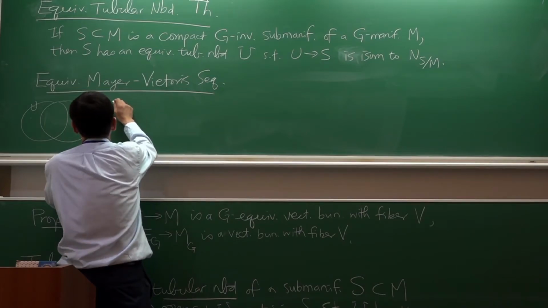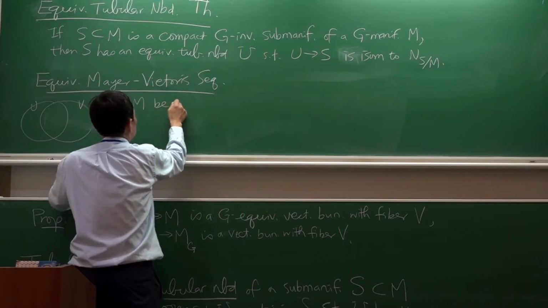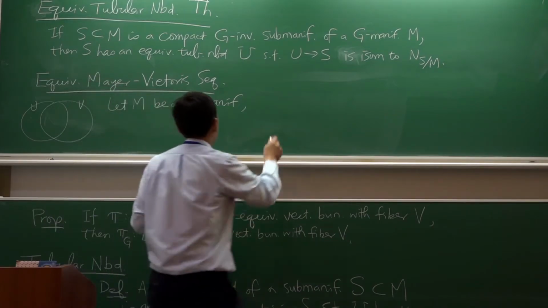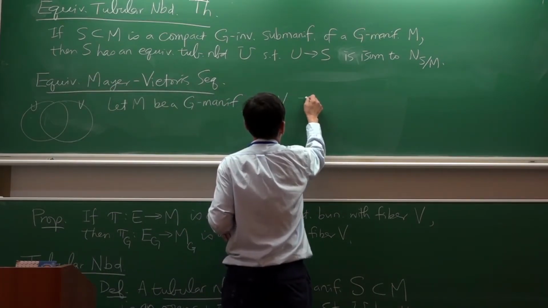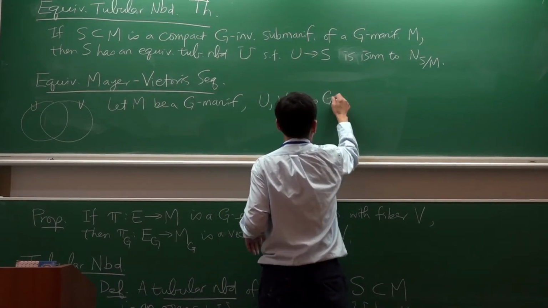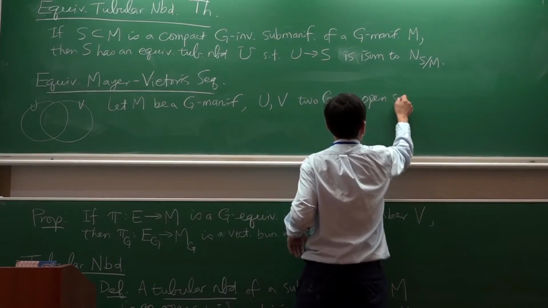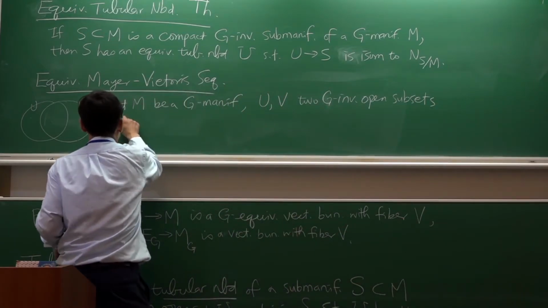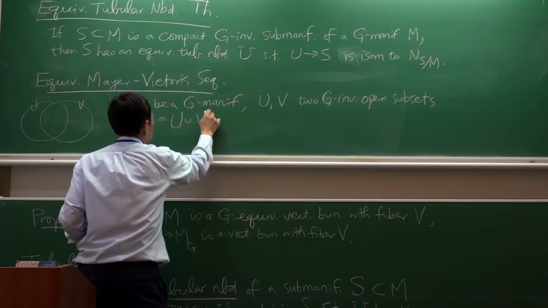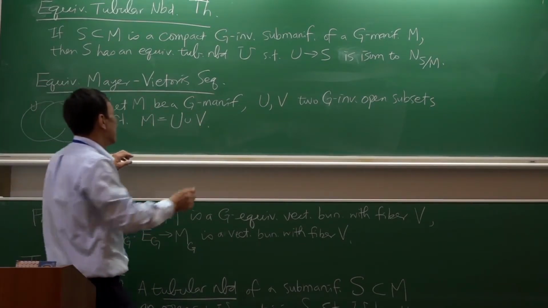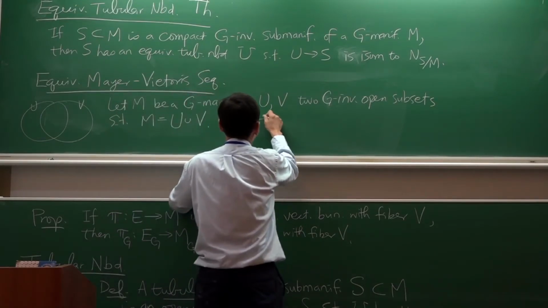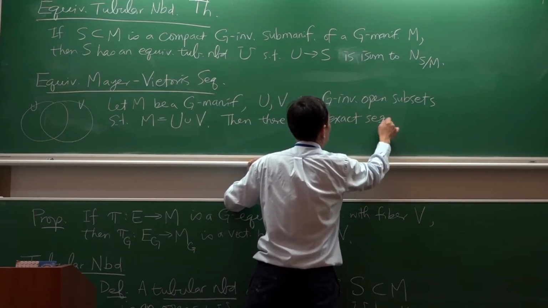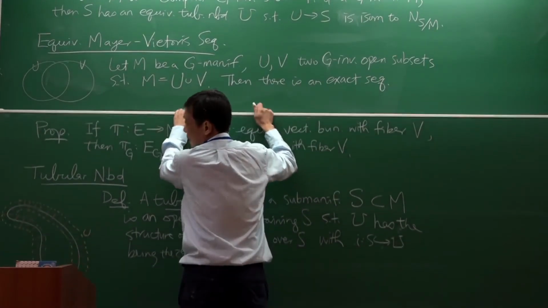Okay, so let M be a G manifold, U and V two G invariant open subsets such that their union is M. Then there is an exact sequence.